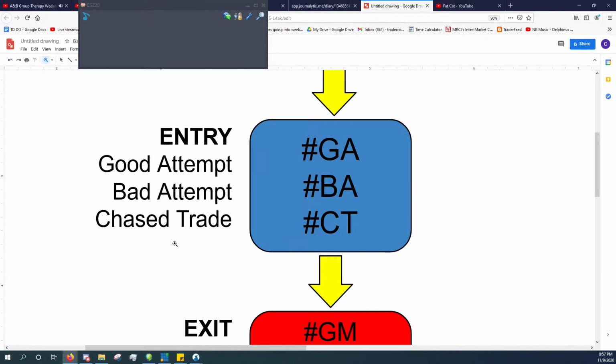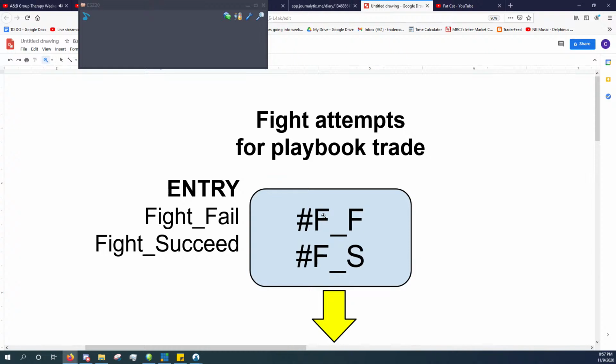So when they fix their hashtagging system, and hopefully it works the way I think it should work, what I'll do is I'll run a filter on just these 3 hashtag pairs. And the pie chart will show me which one of these hashtag pairs are more profitable and which of these 3 hashtag pairs are losing me more money. Okay? Same goes with these fights.